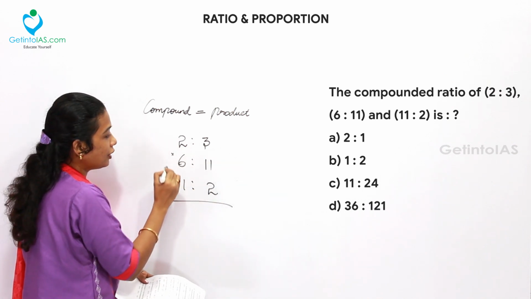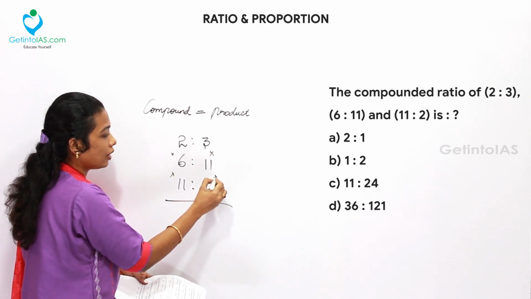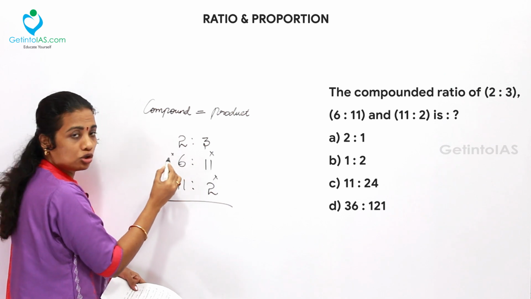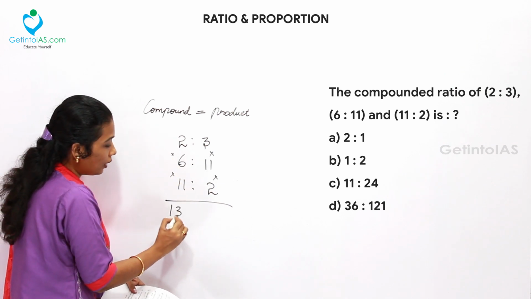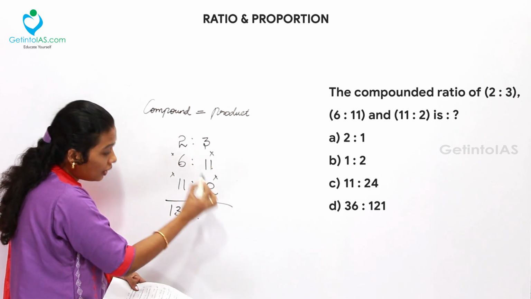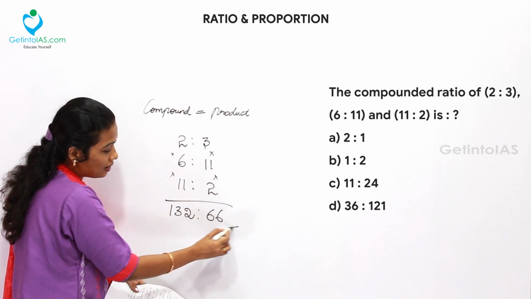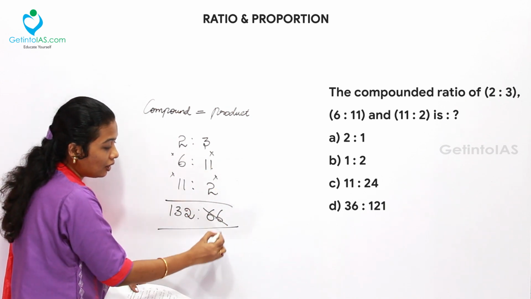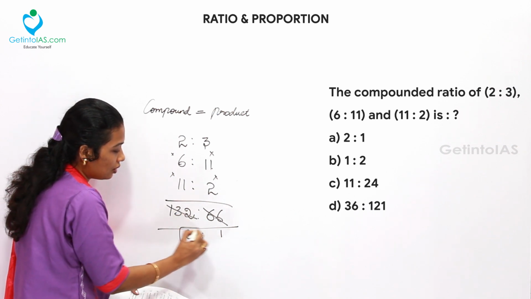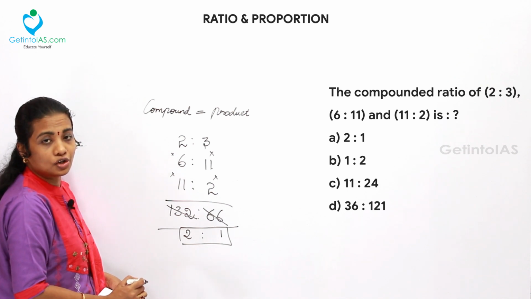Multiply these values separately: 2 into 6 into 11, 2 into 6 is 12, 12 into 11 is 132. 3 into 11 is 33, 33 into 2 is 66. Now cancelling, 1 times 66 and 2 times 66, that is 2 is to 1 ratio.